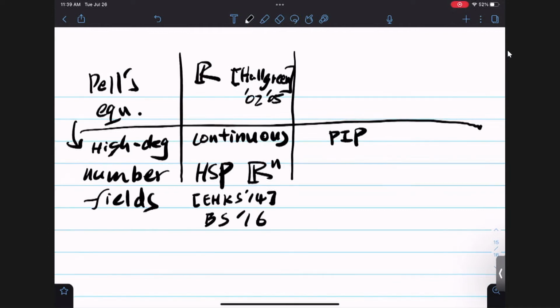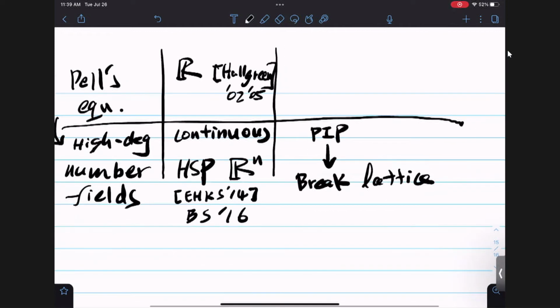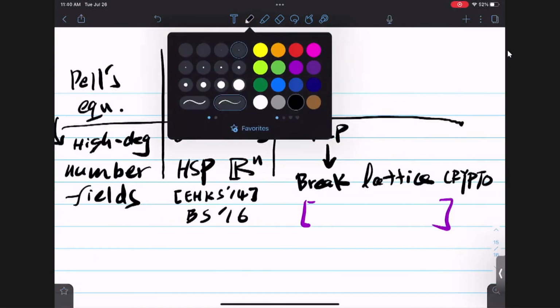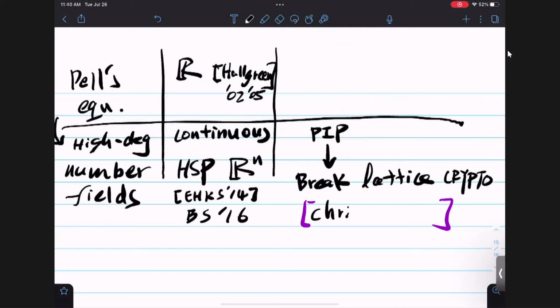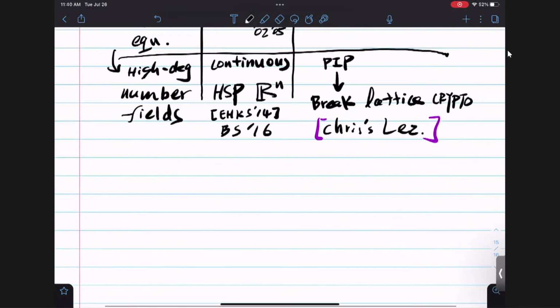And this turns out to be useful to break some lattice crypto, which is a candidate for post-quantum cryptography. And I suppose you will hear some of this from Chris' lecture. Okay?